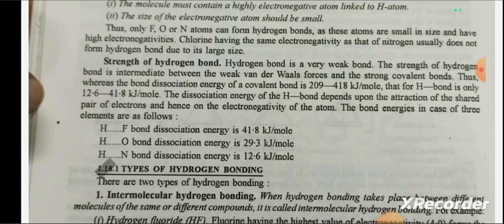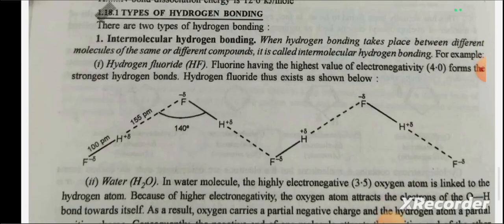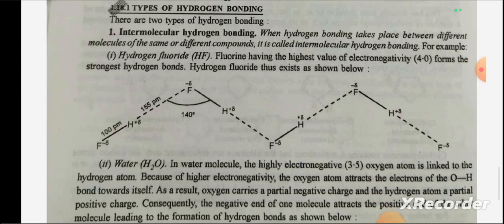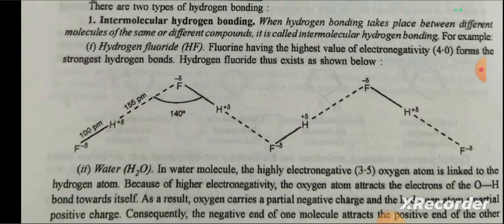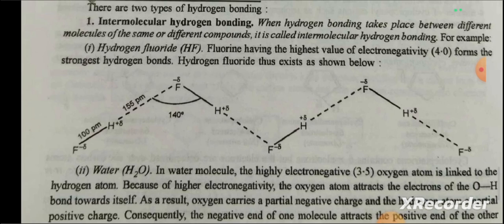Intermolecular hydrogen bonding. When hydrogen bonding takes place between different molecules of the same or different compounds, it is called intermolecular hydrogen bonding. For example, hydrogen fluoride, with fluorine having the highest value of electronegativity, forms the strongest hydrogen bond. Hydrogen fluoride thus exists as associated molecules.